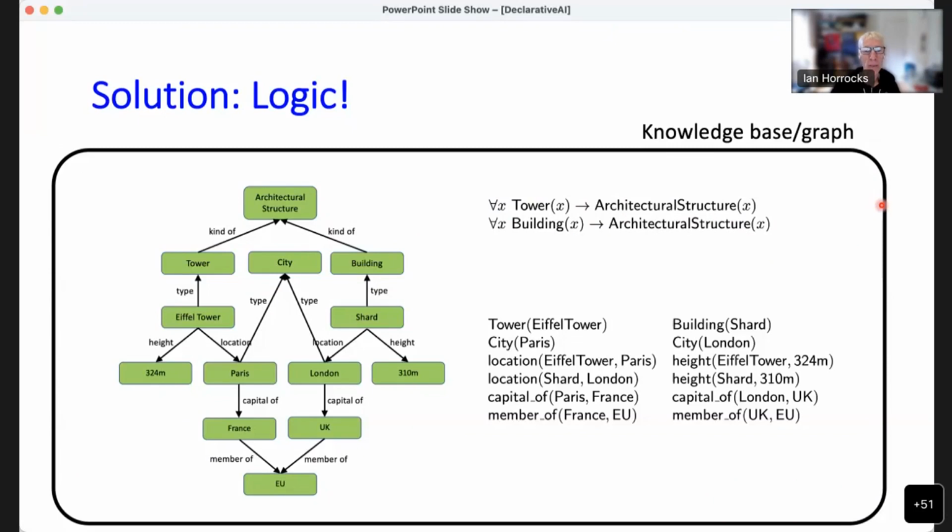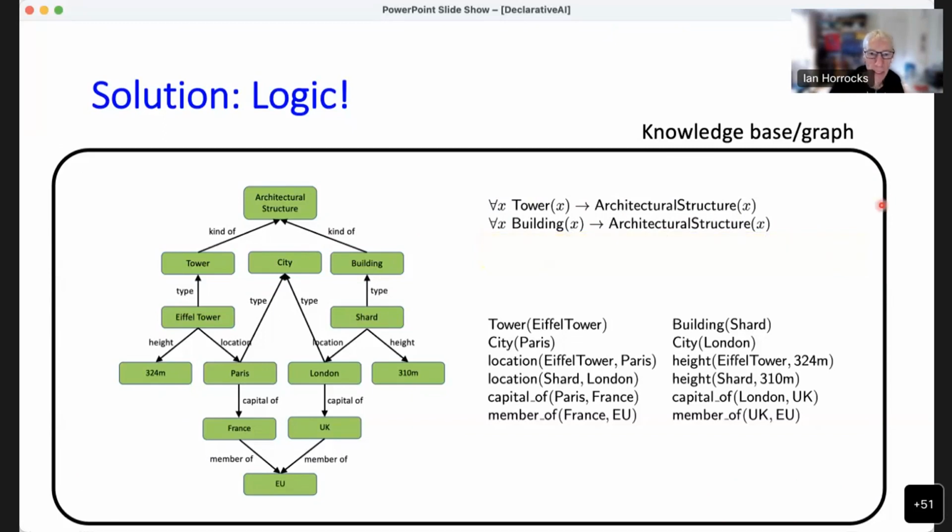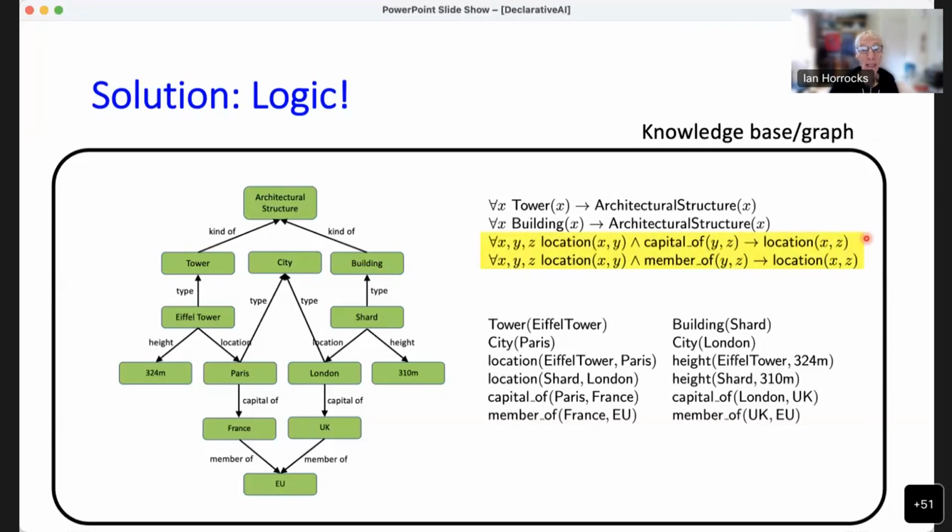Another nice thing about the correspondence to logic is it also tells us immediately how to answer queries. So query answering, oh, sorry, I've jumped ahead of myself. Once we decide that we're going to use logic, an additional benefit we get is that we don't need to restrict ourselves to these axioms that we get by translating kind of edges into these sorts of rules. We can actually introduce in principle arbitrary first order axioms, and we can use these to axiomatize the intended semantics of other kinds of edges.